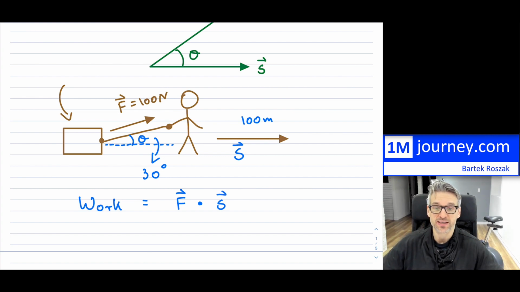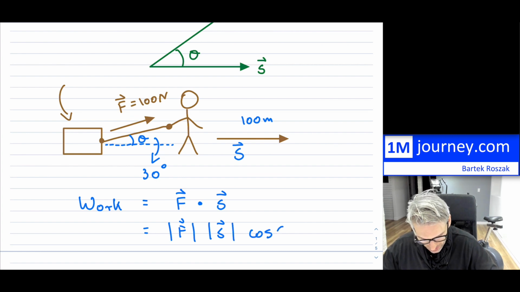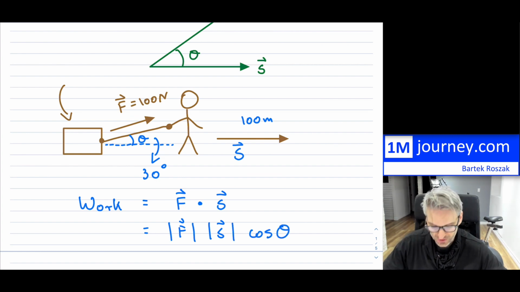And when I say multiplied, I'm referring to the dot product. So it's the dot product between the two. And what we would have is the magnitude of one multiplied by the magnitude of the other, and then the cos theta of the actual angle between them.